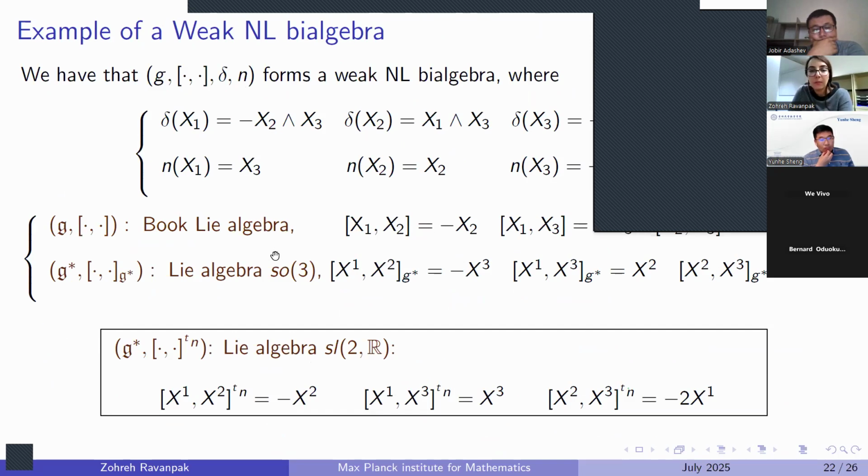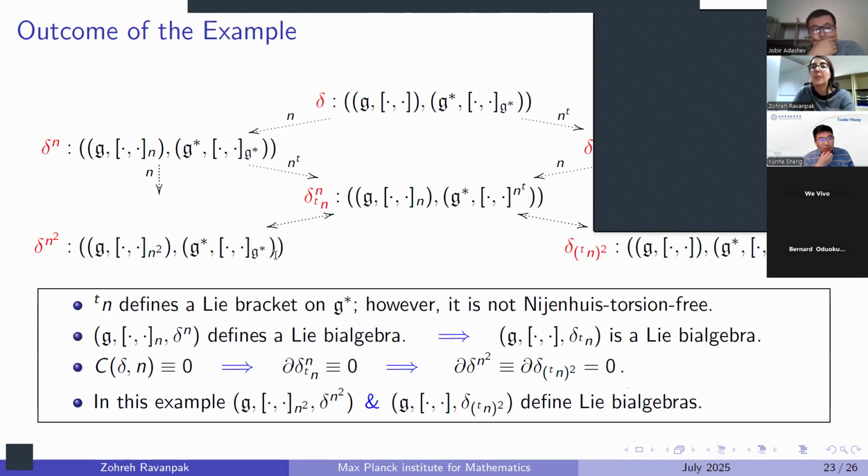Why? Because I have this picture of compatible bialgebras. I just need to show that the delta from the previous slide is a cocycle with respect to the deformed cohomology, which needs to be checked in this example.